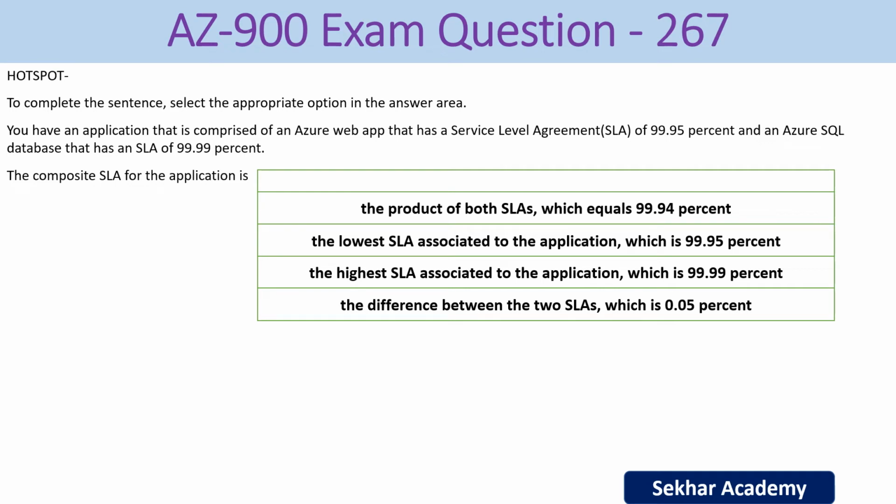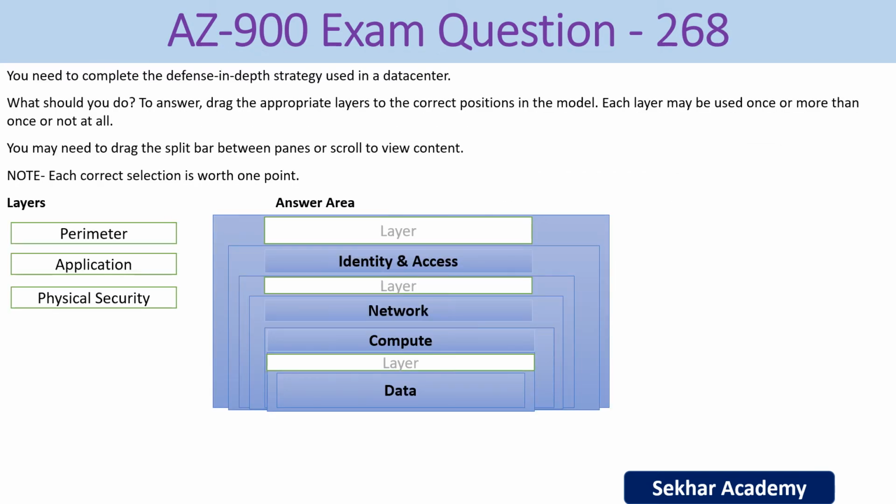The lowest SLA associated to the application, which is 99.95%. The highest SLA associated to the application, which is 99.99%. The difference between the two SLAs, which is 0.05%. The right answer is the product of both SLAs, which equals 99.94%, right? So that way you can achieve the goal here.